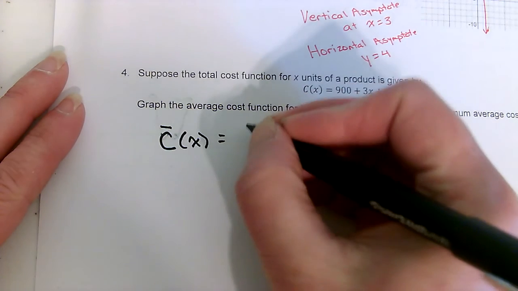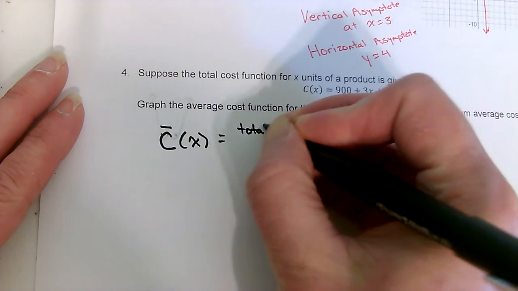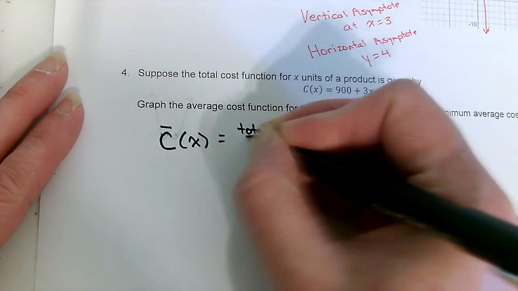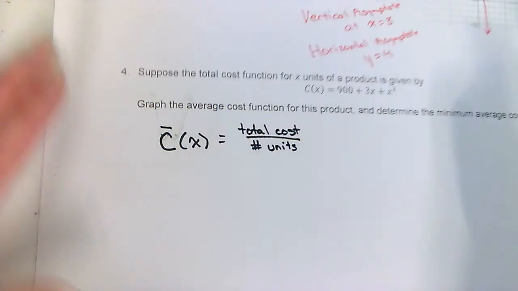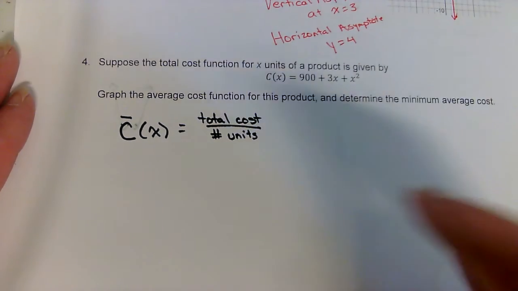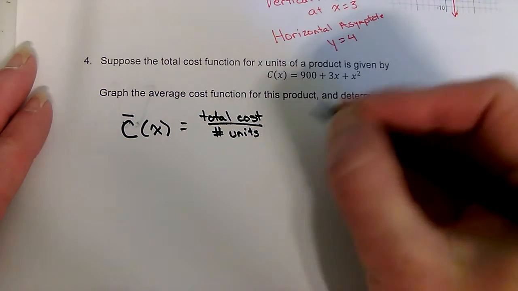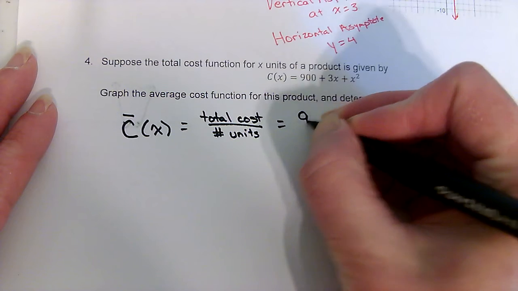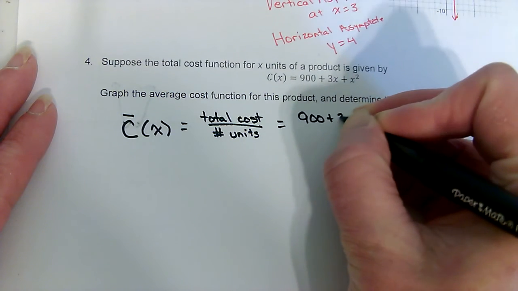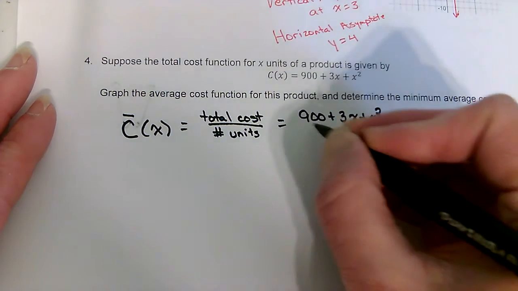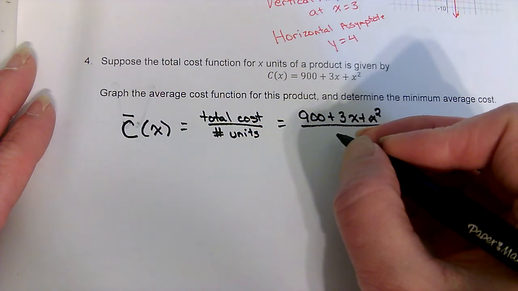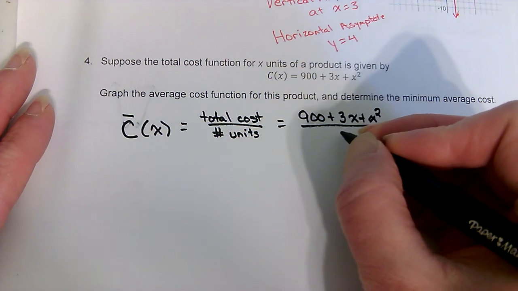That would be if I took my total cost divided by the number of units. That would be the cost per unit, or the average cost per unit. So that would mean I would take that 900 plus 3x plus x squared and divide that by x.